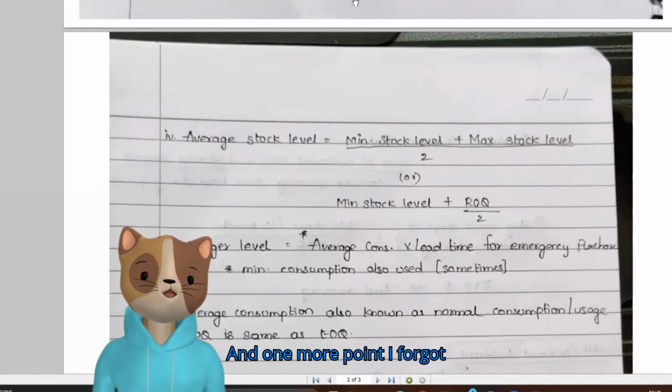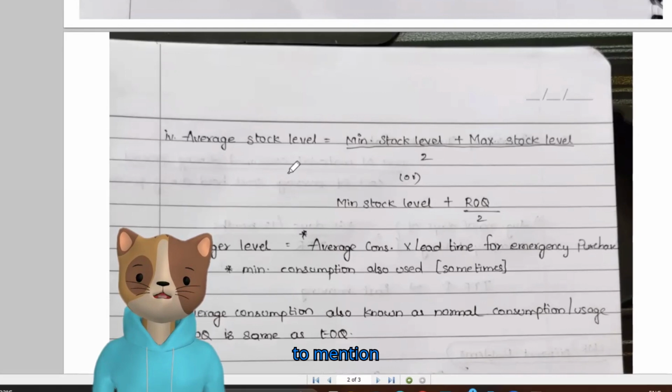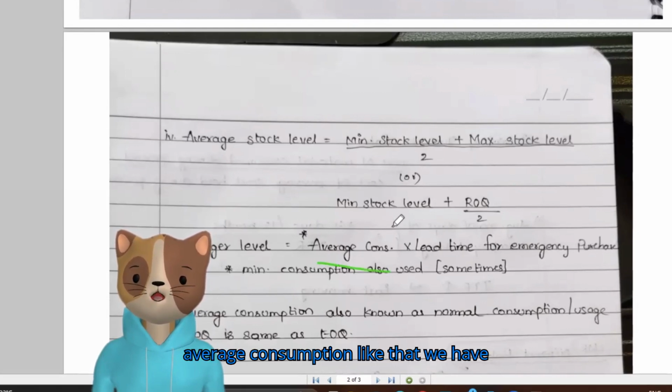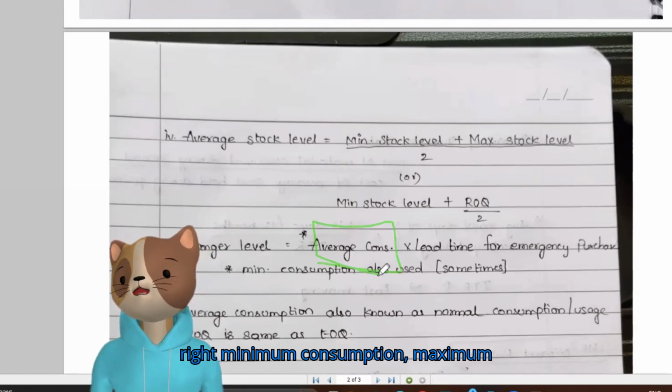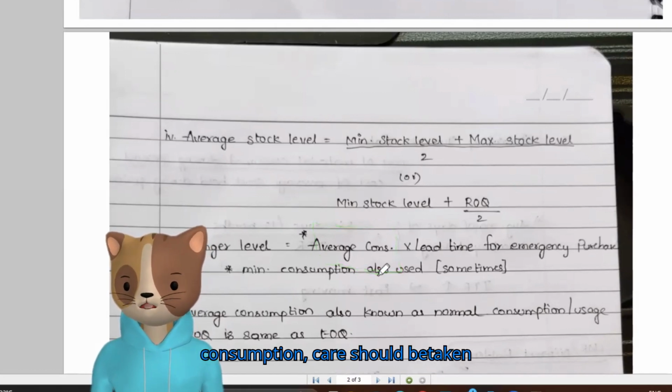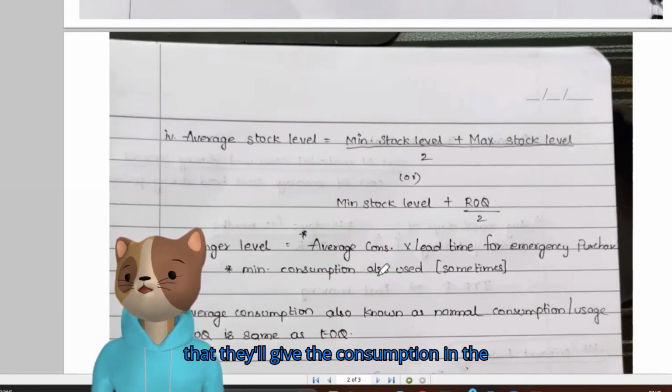And one more point I forgot to mention: consumption, average consumption, like that we have, right? Minimum consumption, maximum consumption. Care should be taken that they'll give the consumption in units, right?